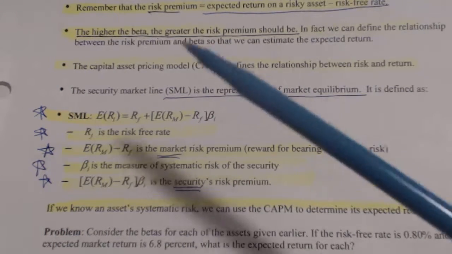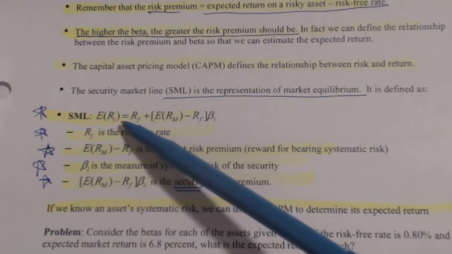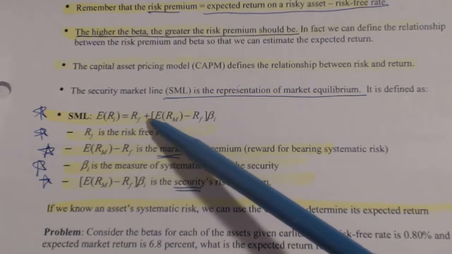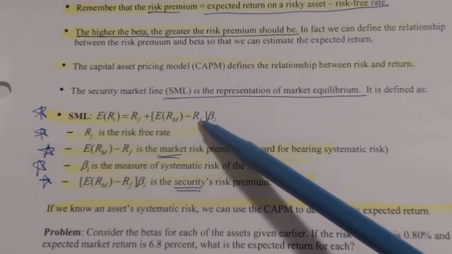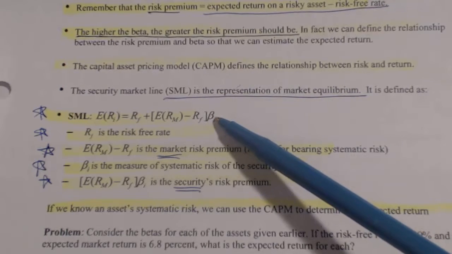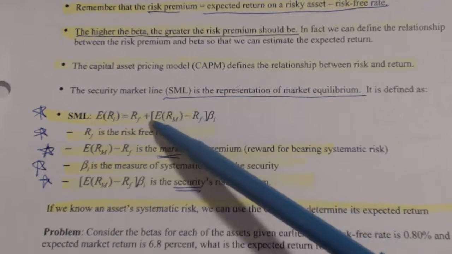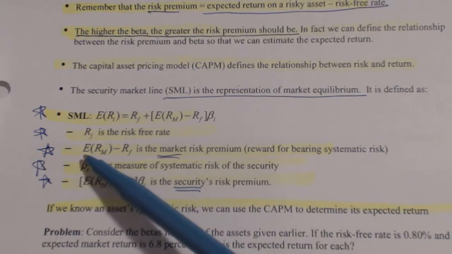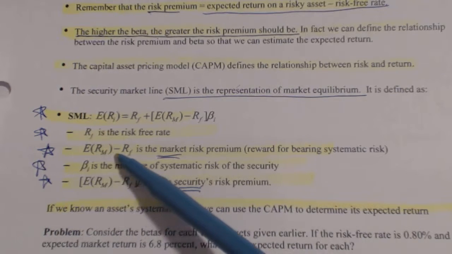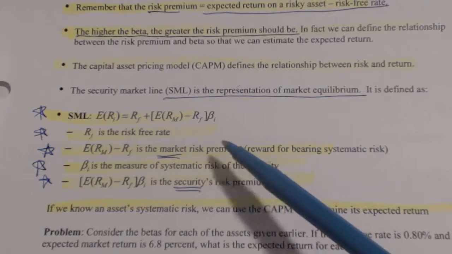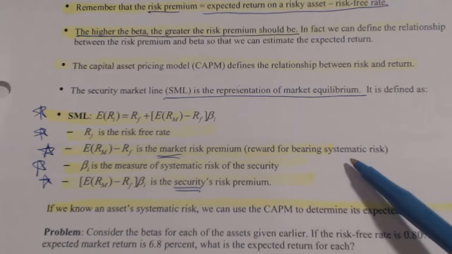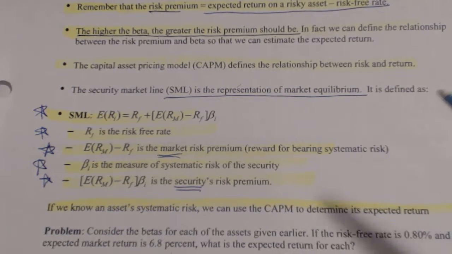Expected return of a stock equals the risk-free rate plus the expected return on the market minus the risk-free rate, times beta. Now remember, the expected return of the market minus the risk-free rate is the market risk premium. That's a reward for bearing systematic risk.